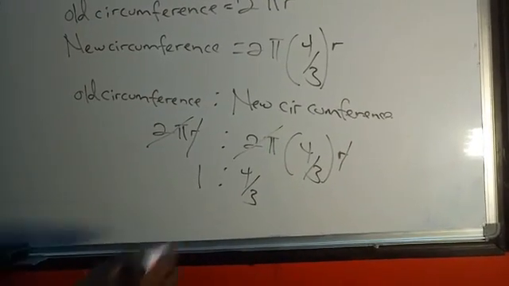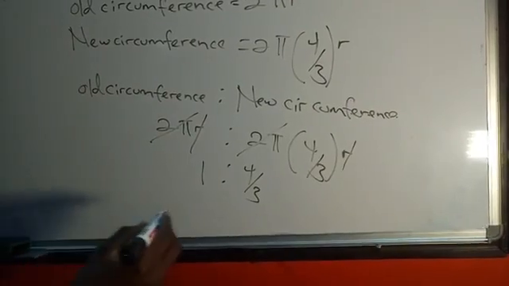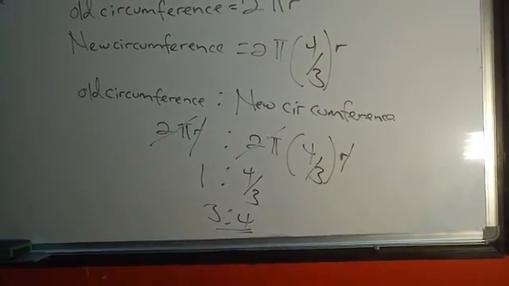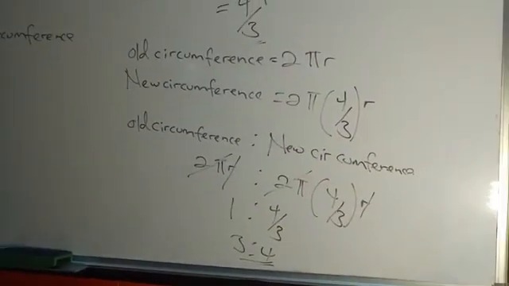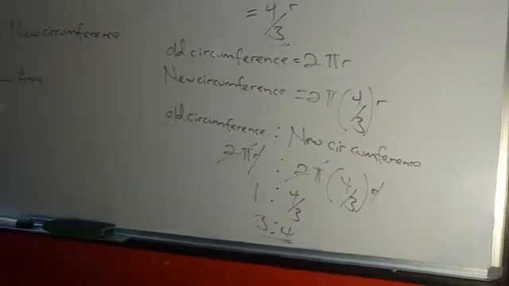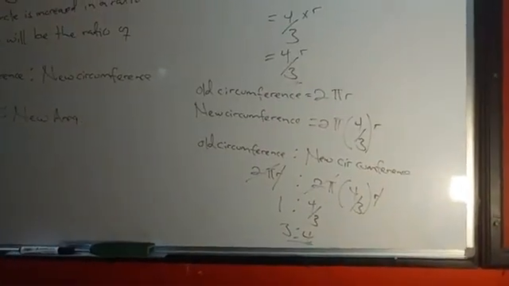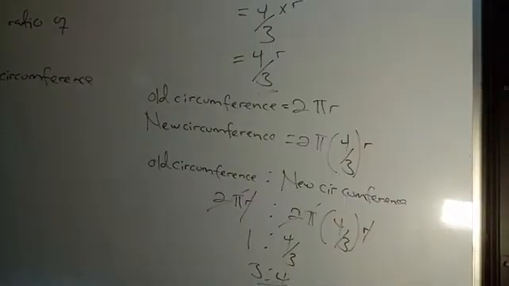Taking 3 to the other side, it becomes 3 to 4. That is the ratio of old circumference to new circumference. So we are going to part B, old area to new area.